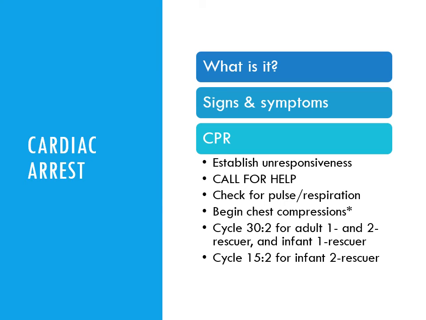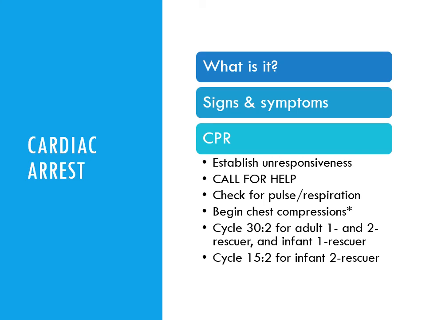Okay, and the next thing we're going to do is check for pulse and respiration. And remember, we're going to assess the pulse at the carotid artery. If we check for 5 to 10 seconds and we get no pulse and we don't see any breathing, we're going to begin chest compressions.